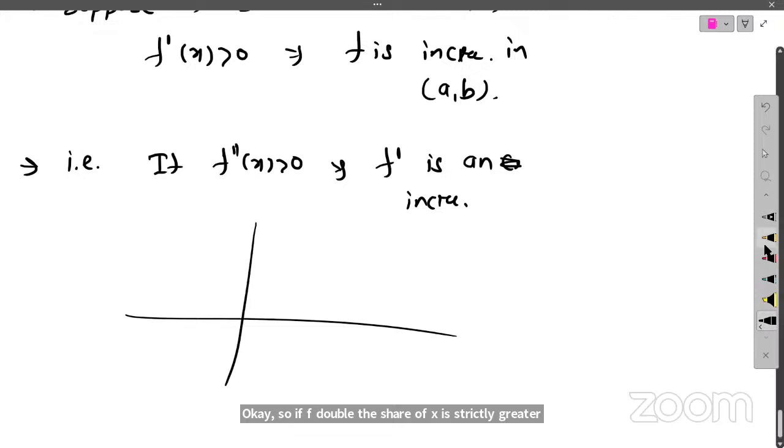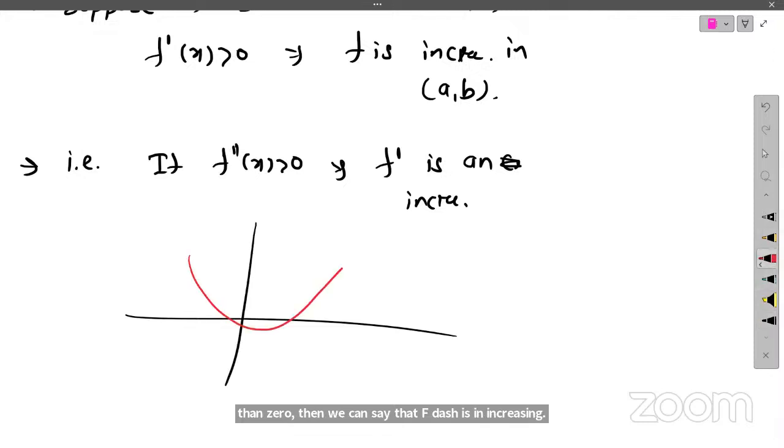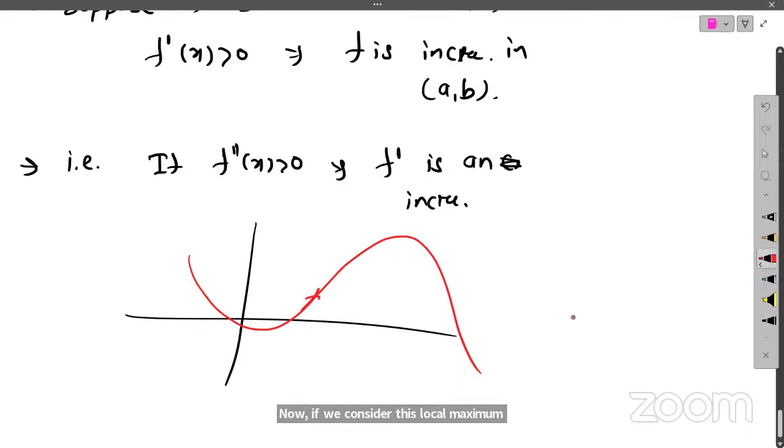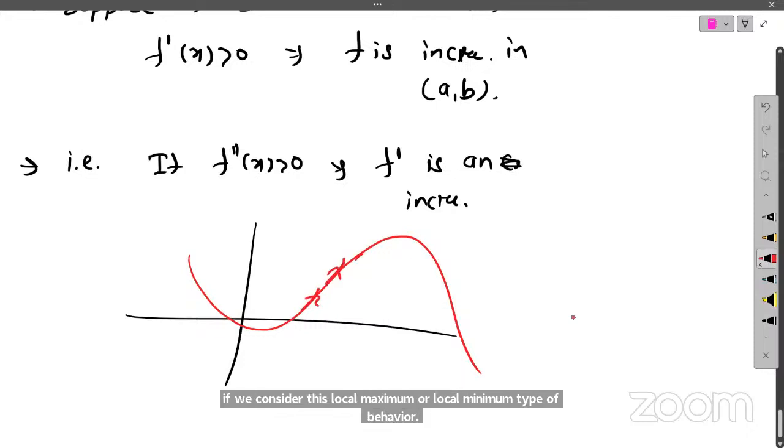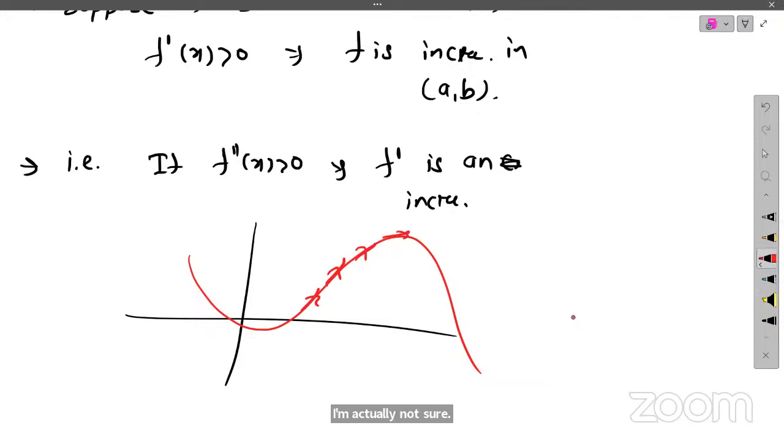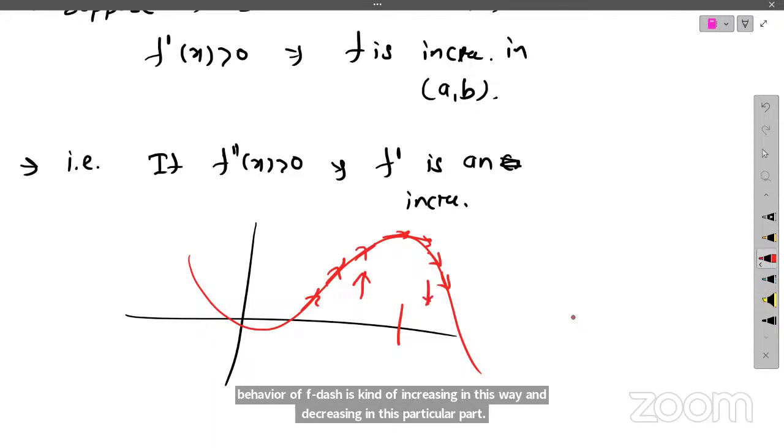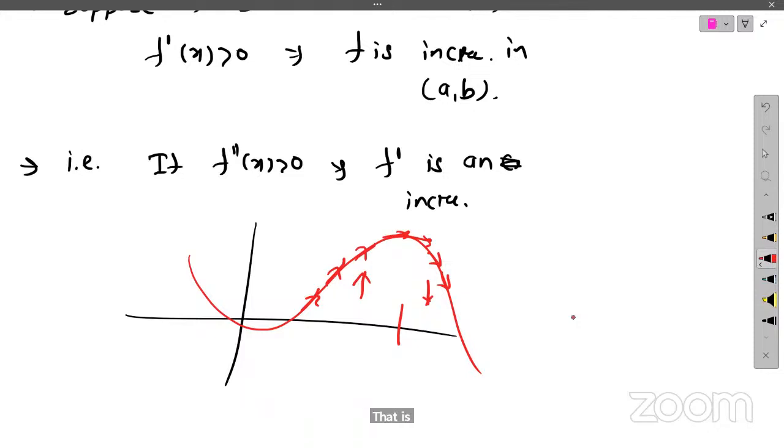Now, if we consider this local maxima or local minima type of behavior, the slope of the tangents is increasing in this part and decreasing in this particular part.